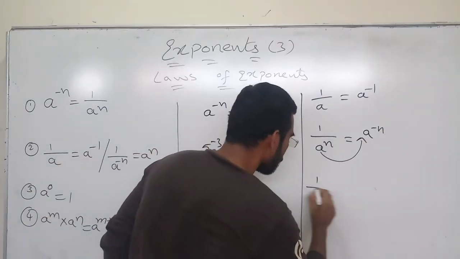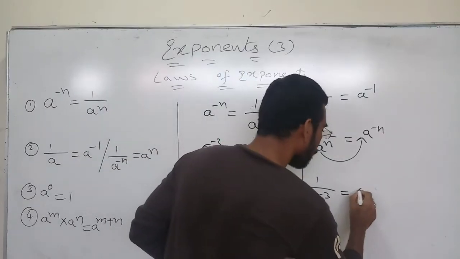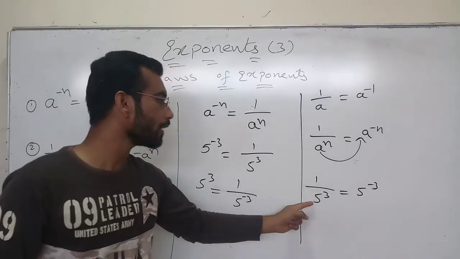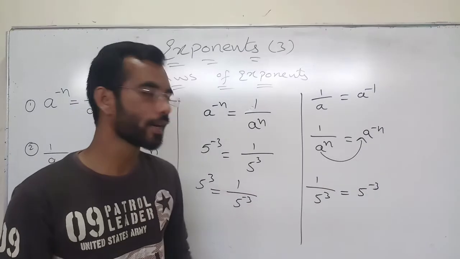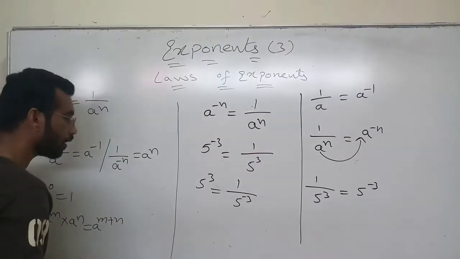Example, 1 by 5 power of 3. How will you write this? It will be 5 power of minus 3, because here it is in the denominator. If you take it to the numerator, the sign changes to negative. Now the next law.